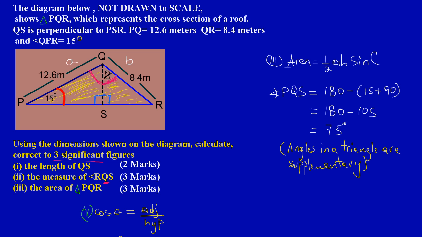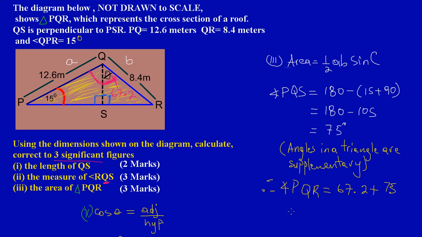So I can now state that therefore angle PQR must be equal to 67.2 plus 75, because we had worked out this angle earlier, that angle was 67.2 degrees.